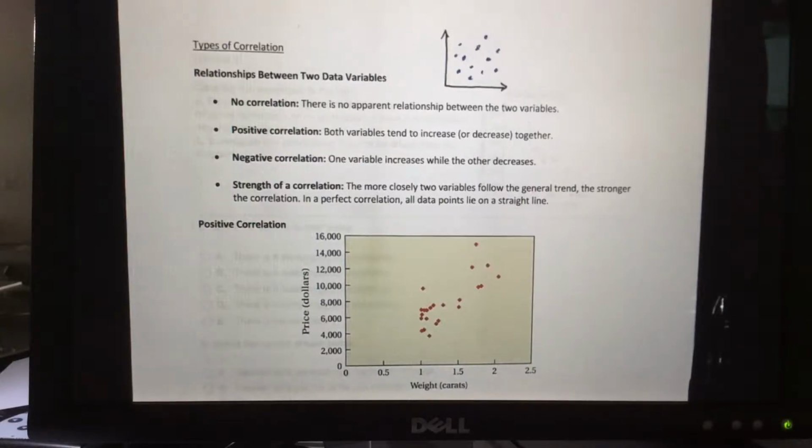On the other hand, you may have a positive correlation. That's where both variables tend to increase or decrease together. A negative correlation is this: one variable may increase while the other variable decreases.